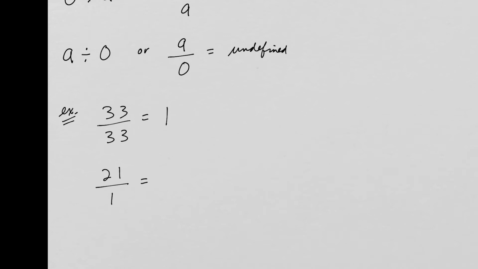Anything divided by 1 is itself, so this would equal 21. If I have 0 divided by 156, well, 0 divided by anything, as long as the denominator itself is not 0, is equal to 0. So that's going to be 0.